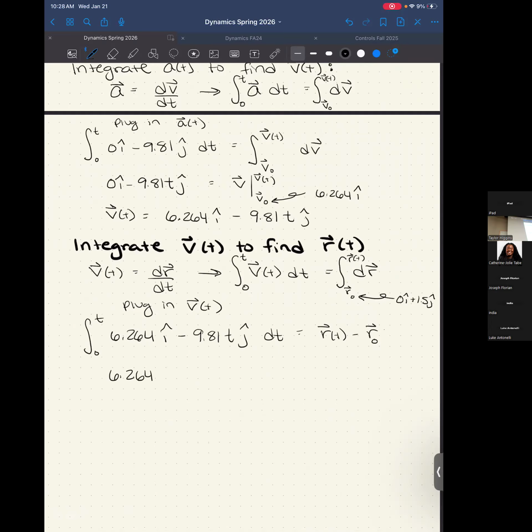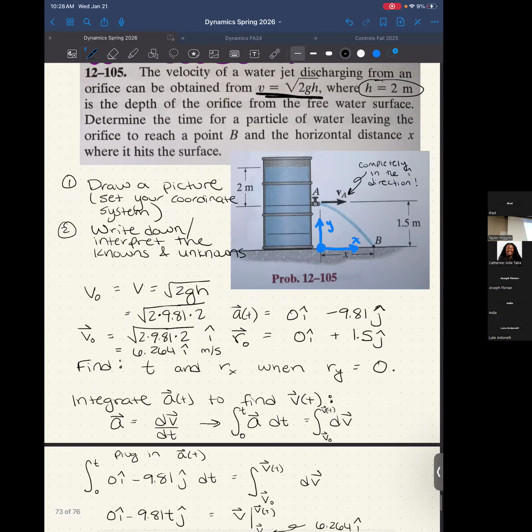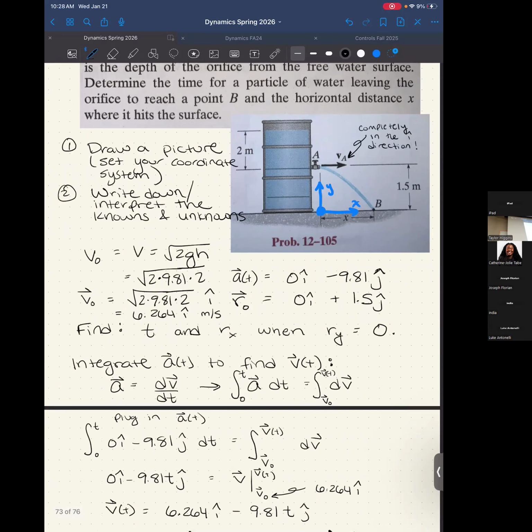The final thing, it asked for find t and Rx when Ry is equal to 0.